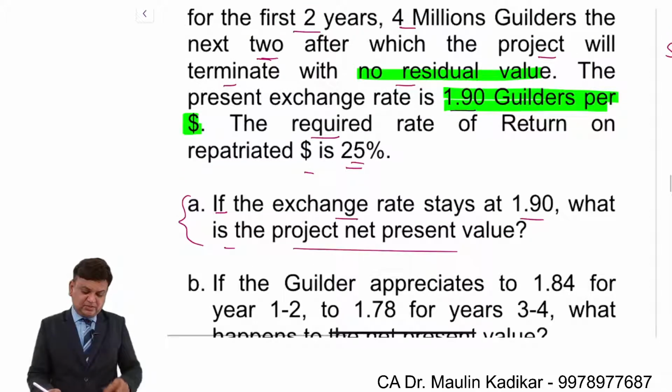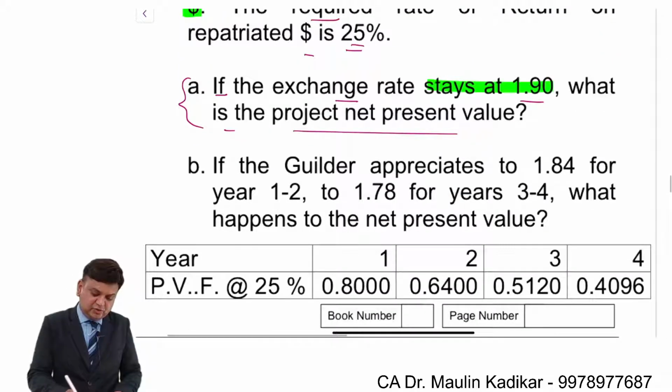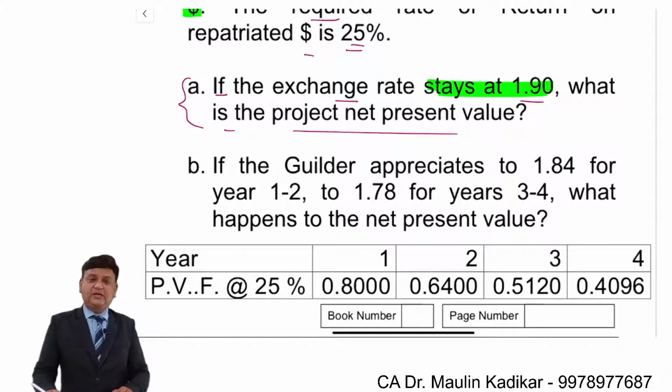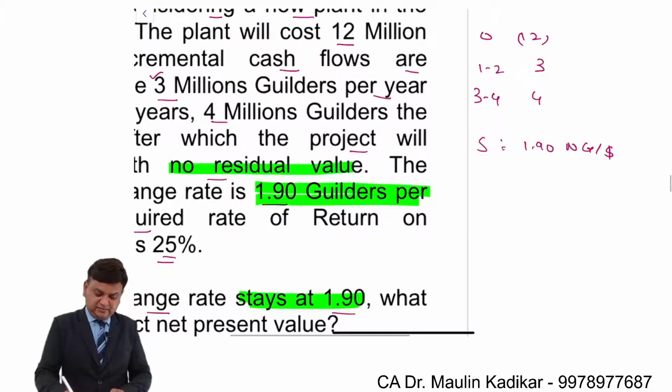The question is providing the information that the present exchange rate is 1.9 and the exchange rate is going to stay same 1.9. So there is no need of making the calculation of the exchange rate which is likely to prevail over the time period of 4 years. Okay.